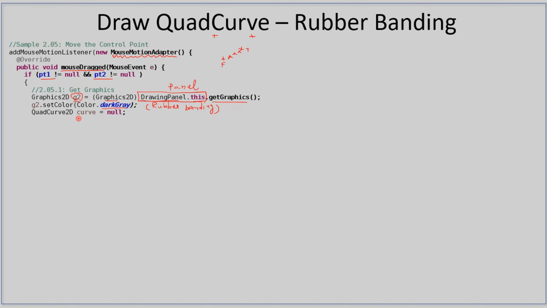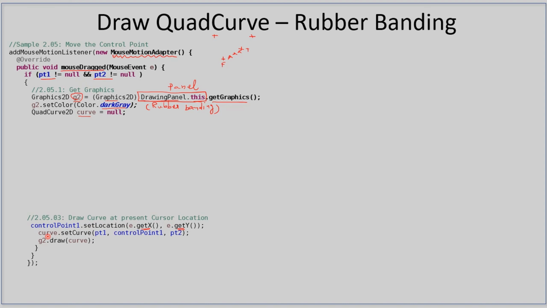Alright, here the quadratic curve we are setting as null. So draw the curve at the present cursor location. Here we are setting the control point location during each mouse move. So during each mouse move we get the location of X and location of Y, and we set that as a control point.